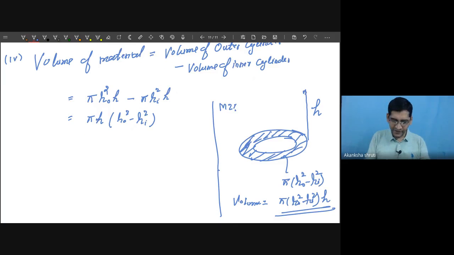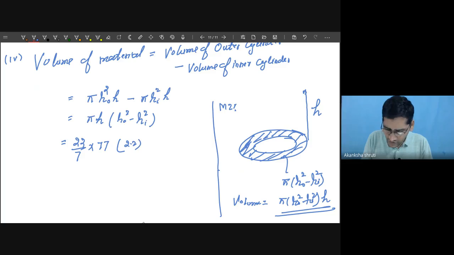Are we getting? So whether you calculate by any of the methods, by substituting the values, 22 by 7 into height 77 centimeter, and this we had even calculated, 2.2 square minus 2 square. Let me again substitute so that our other students can understand it better. So a square minus b square.